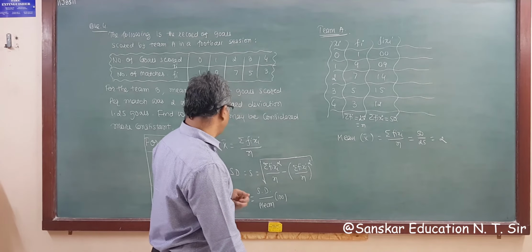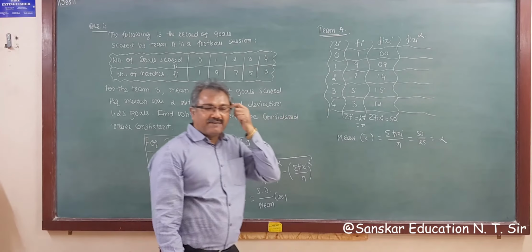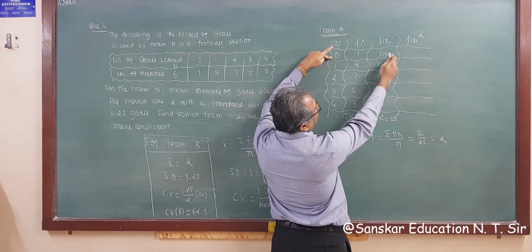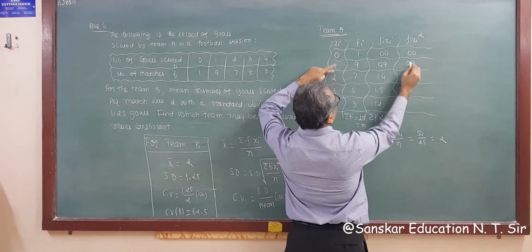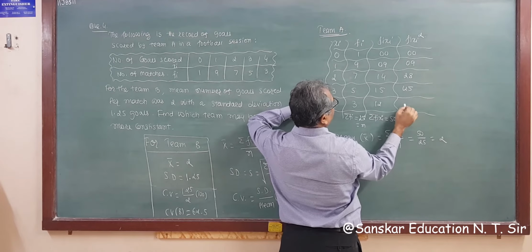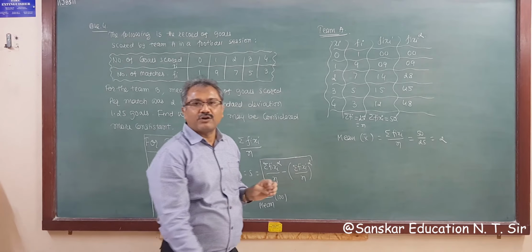Now for standard deviation, what do we require? Sigma fi xi square, but we have only fi xi, so we have to multiply fi xi with xi. So this is xi and this is fi xi. The answers are 0, 9, 14 into 2 is 28, 15 into 3 is 45, and 12 into 4 is 48.